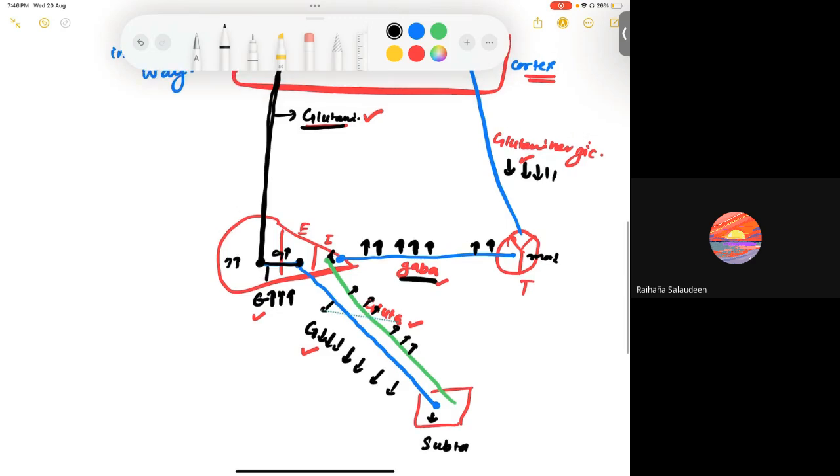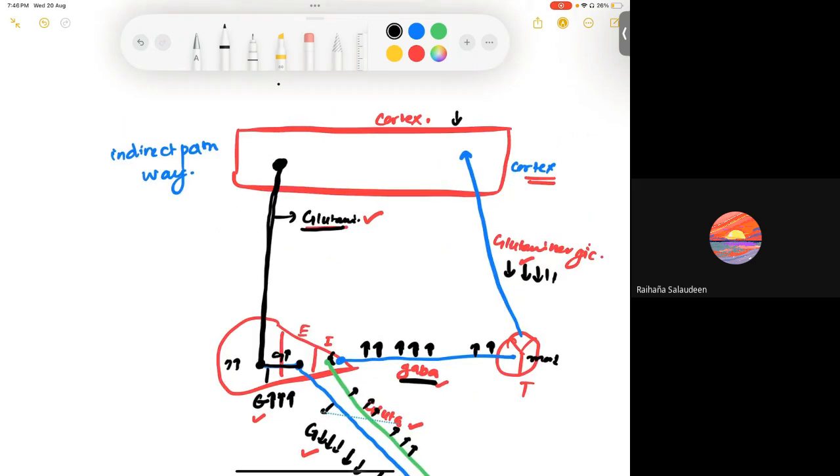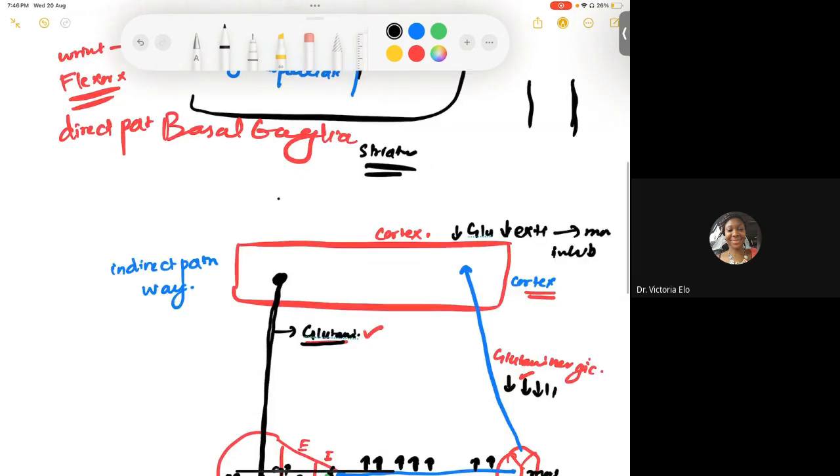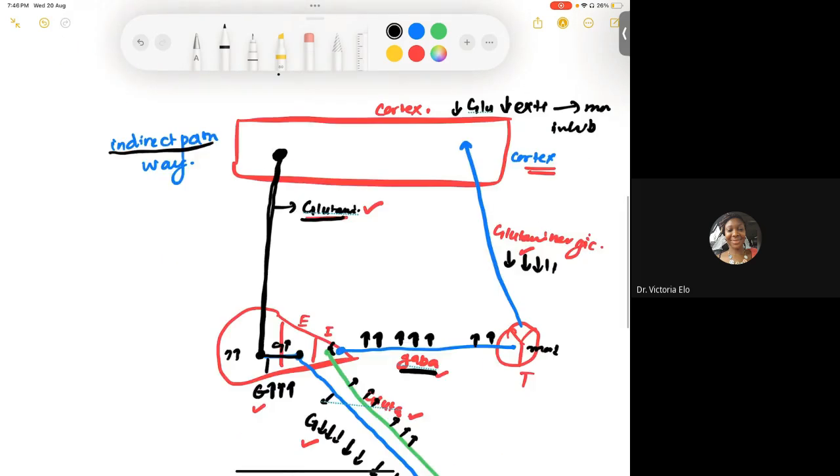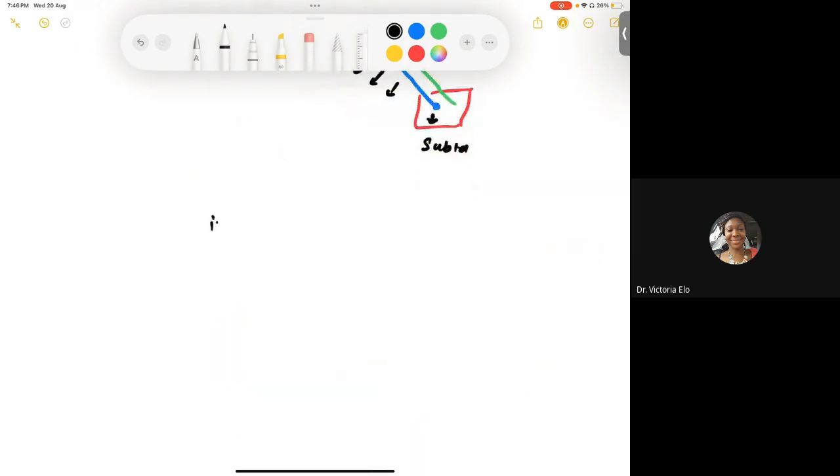So in the end, in the cortex, we have less glutamate, that is less excitation, or I can say more inhibition. So you can see that the indirect pathway basically is inhibitory in nature. In the end, it's going to cause inhibition, or I would say less excitation.